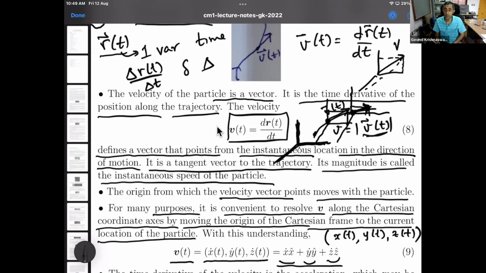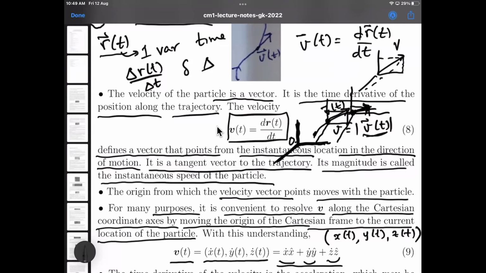So it is for this purpose that we want to move our fixed frame with certain origin that is always fixed to the current location of the particle for the purposes of resolving the velocity vector. Yeah. I am only saying in somewhat careful terms things that you may already be doing without a second thought. Yeah. In any case, Ankon, are you satisfied with my response?